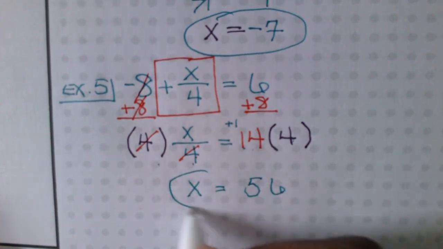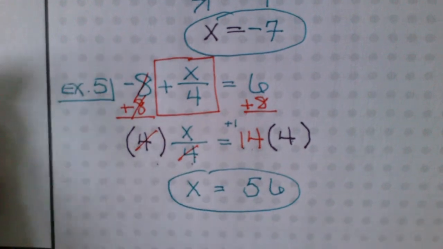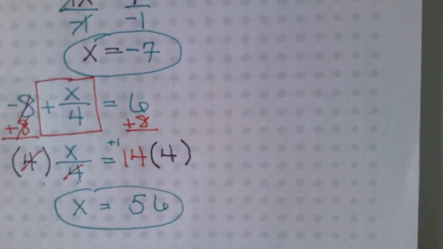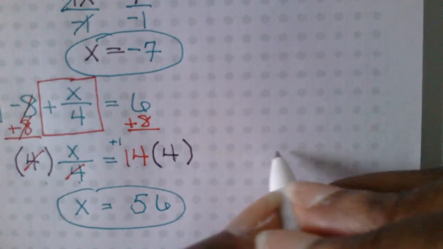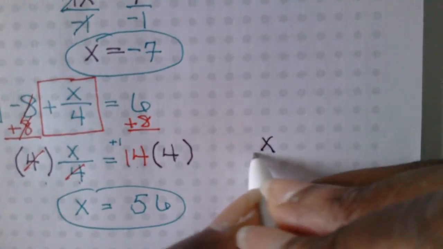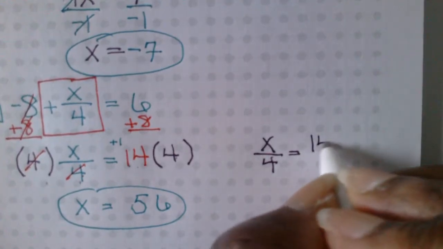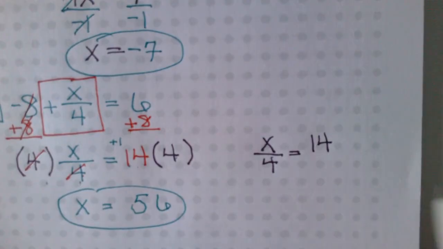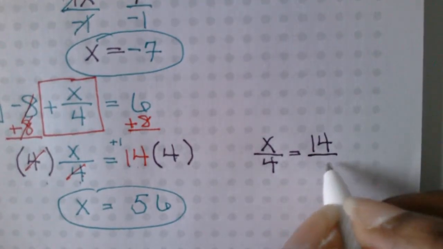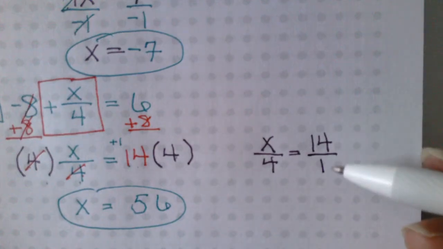So that's one way of doing it. But I notice some people probably did this and made it into a proportion. And there's nothing wrong with that either. So like you have that 14, you could put that 14 over 1, because anything divided by 1 is going to be itself.